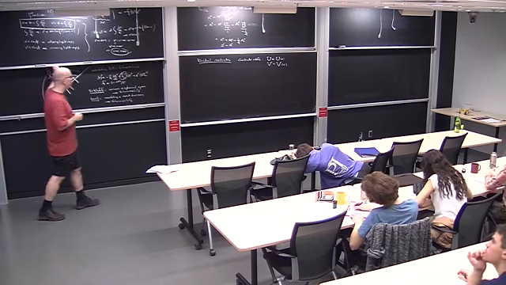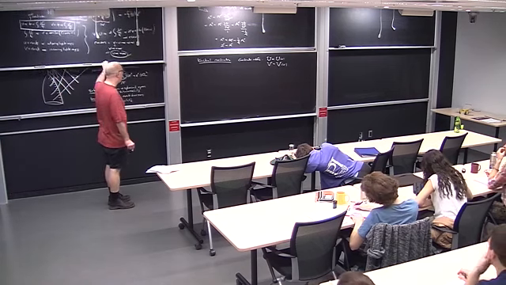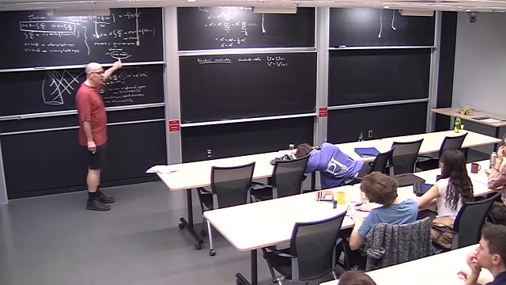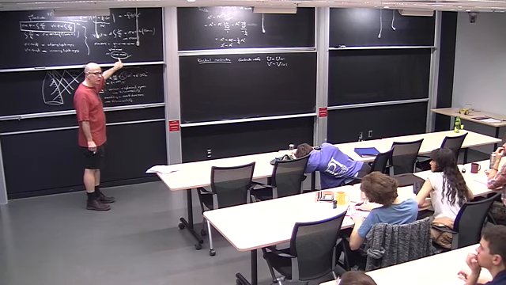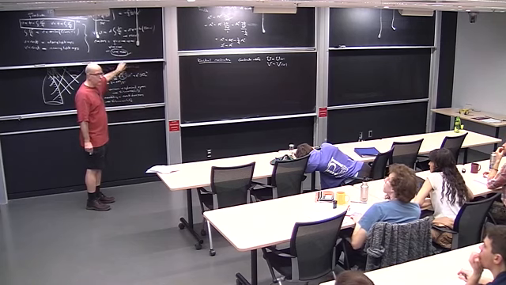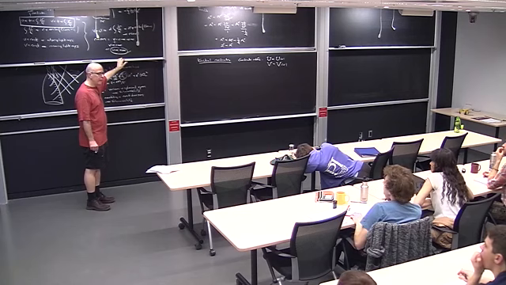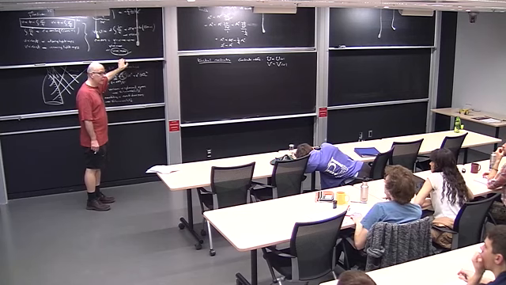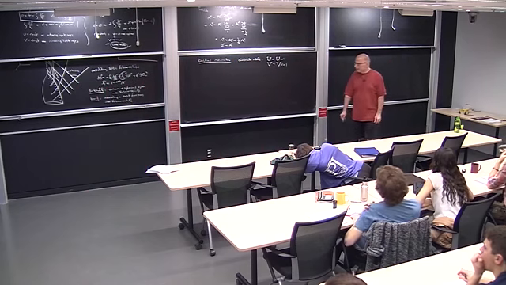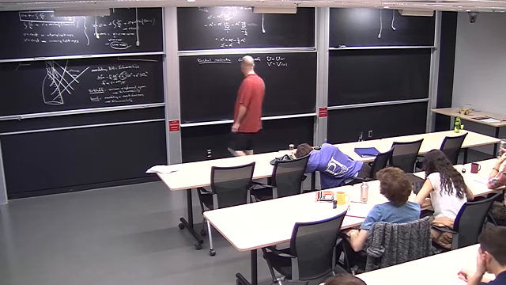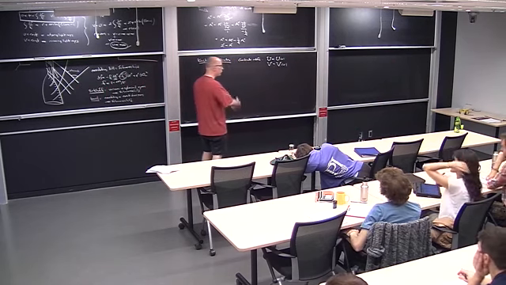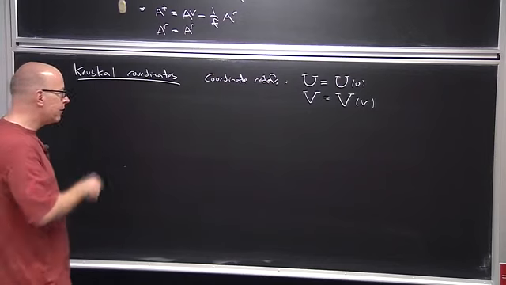But maybe we now have a chance of killing this problem, because all we would have to do is to invent a function that stays finite when the argument goes to infinity. And there's tons of functions you can invent, and probably the simplest one is an exponential. And that's what Kruskal did. That was back in the late 50s, early 60s, where people were playing around with coordinate difficulties.